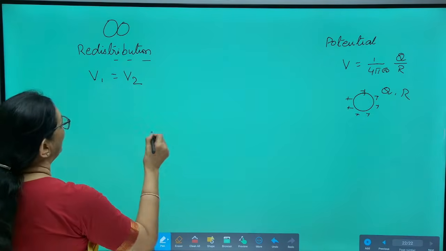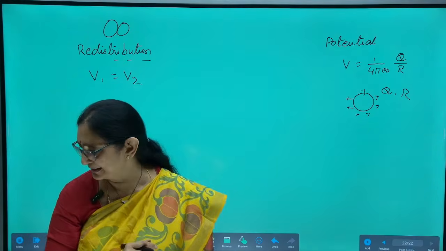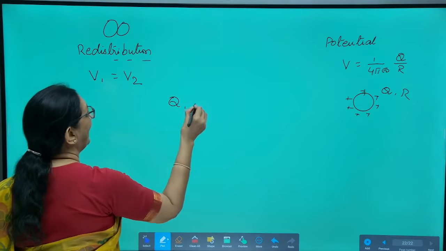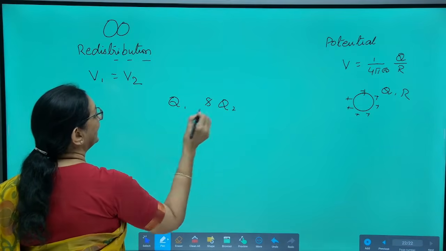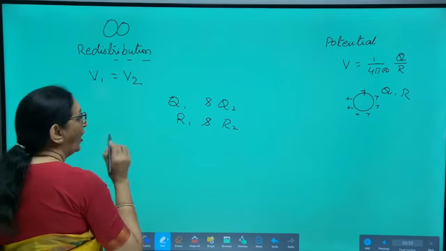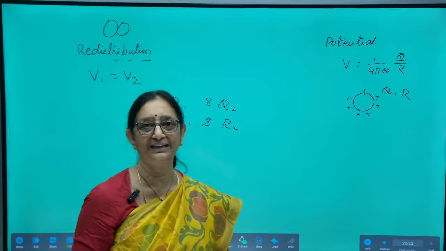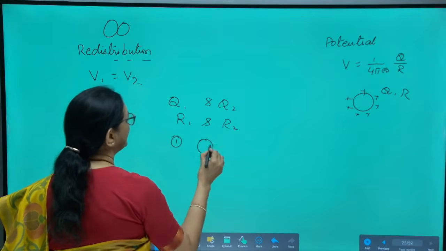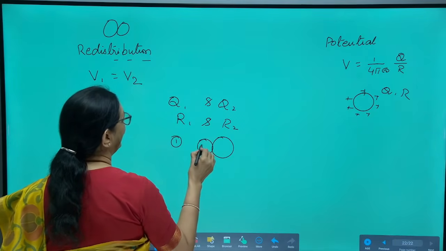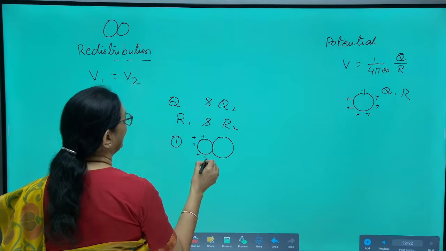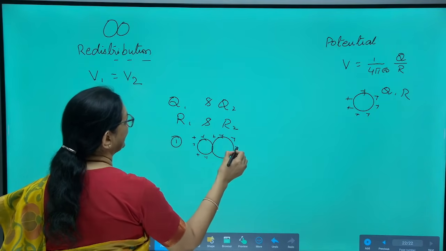Now, two spheres of charges q1 and q2, radii r1 and r2 are placed in contact with each other. First step is those two charged spheres are placed in contact with each other. They are charged spheres. Whatever is the charge, positive, negative, doesn't matter.